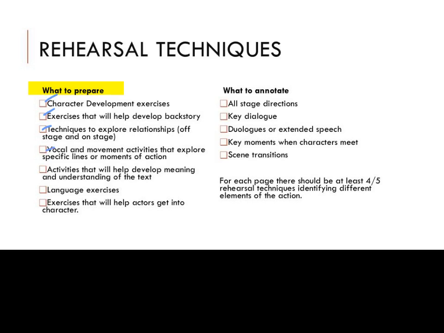Remember, question 1 is always asking you about a specific moment of action and how you would go about rehearsing it. So be prepared to answer questions about specific moments of action.